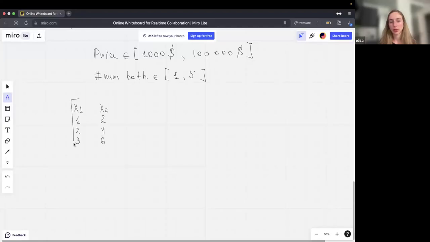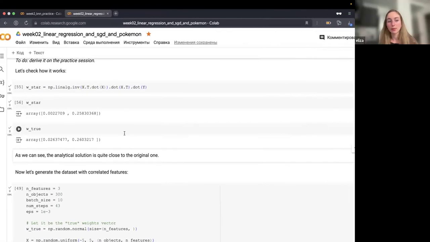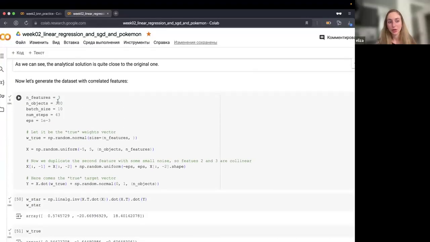You just take the first feature, multiply by 2, and you get the second feature. And it's a linear dependency. Your model doesn't get new information when you use two such correlated features. You want your features to be independent. But what happens if our features are correlated?